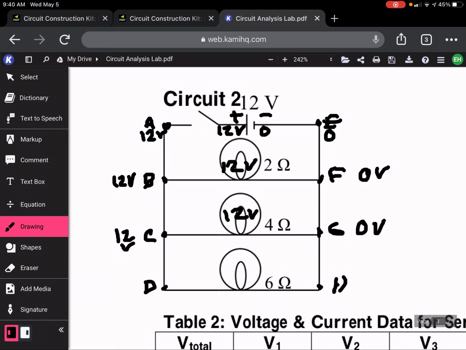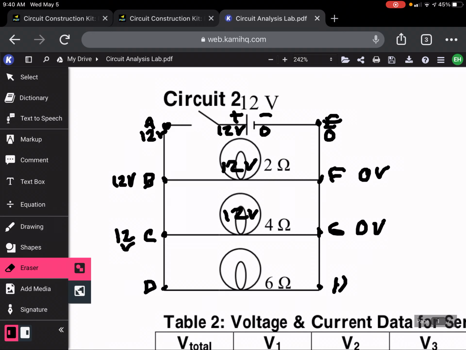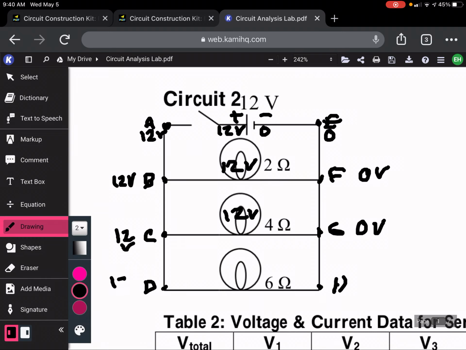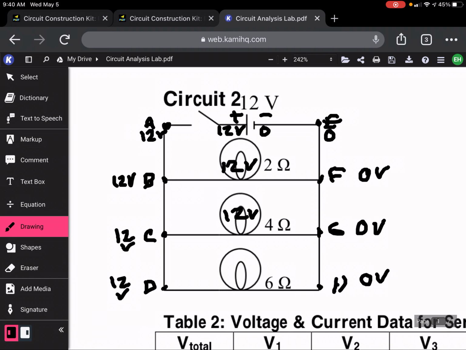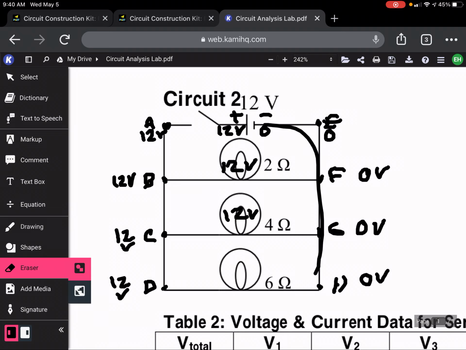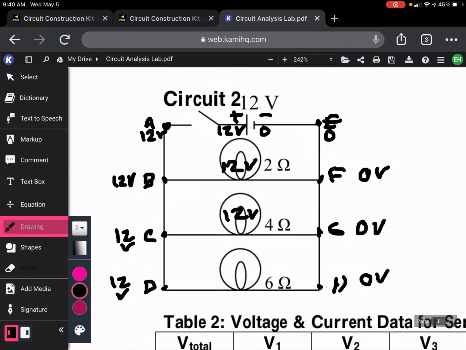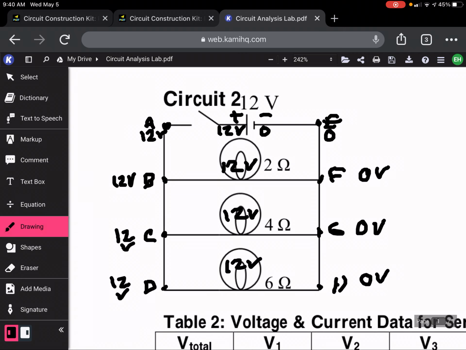And lastly, at the bottom, point D is connected to the positive side, so there are 12 volts of potential at point D and 0 volts at point H, because that's connected to the negative side. 12 minus 0, again, is 12. And you can see the voltage is the same in parallel parts of the circuit.